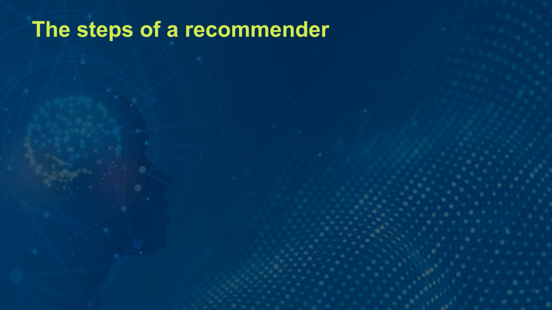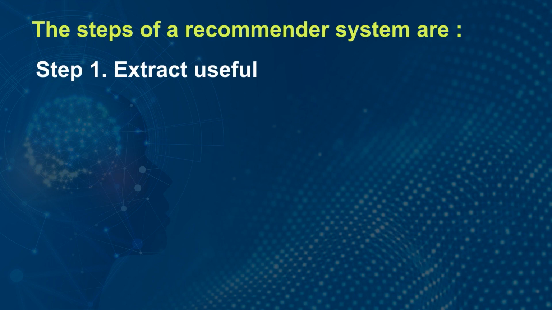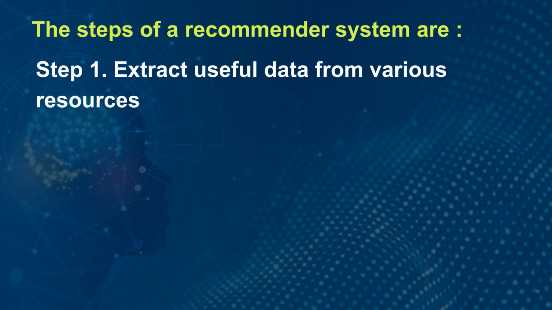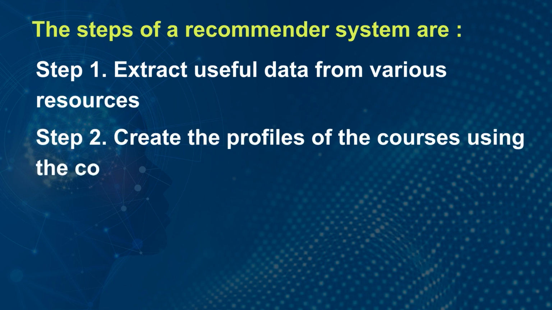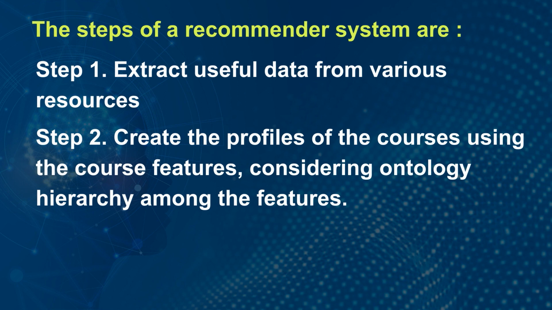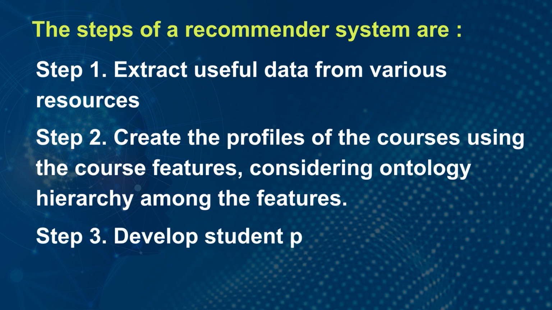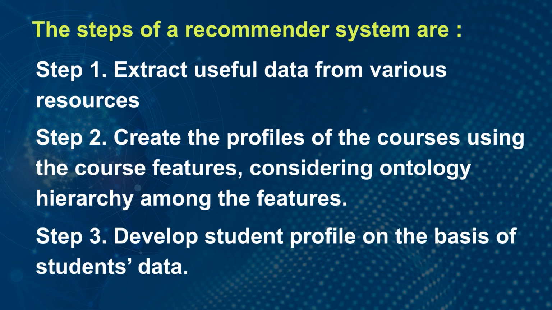The steps of a recommender system are here. Step 1, extract useful data from various resources. Step 2, create the profiles of the courses using the course features, considering ontology hierarchy among the features. Step 3, develop student profile on the basis of student data.